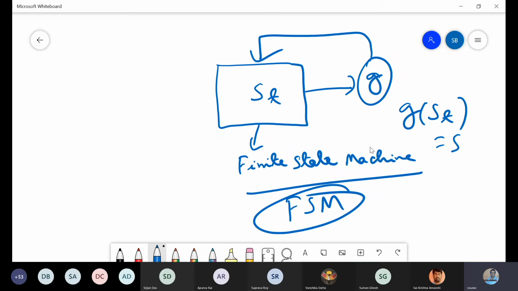So it will give us S_{t+1}, the next state. This g is called the state update function, which takes the value of the internal state of this machine and gives us the value of the next state.